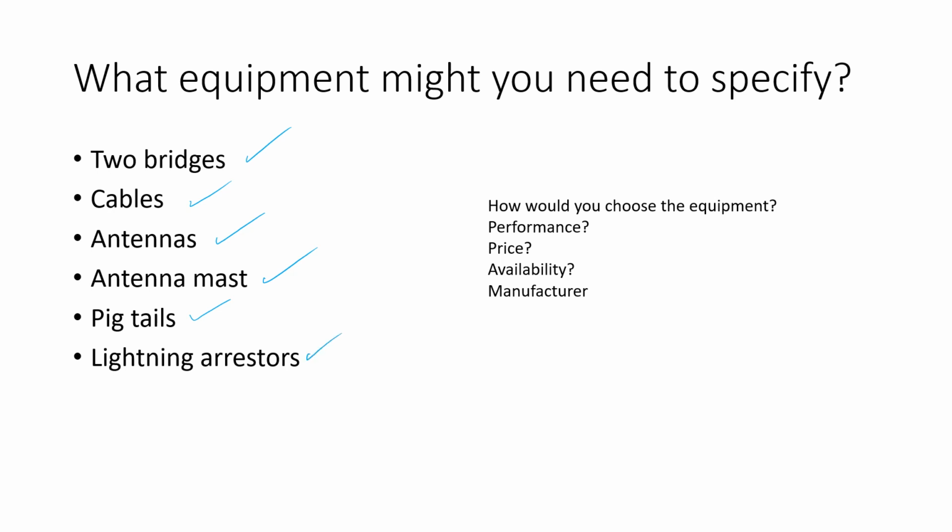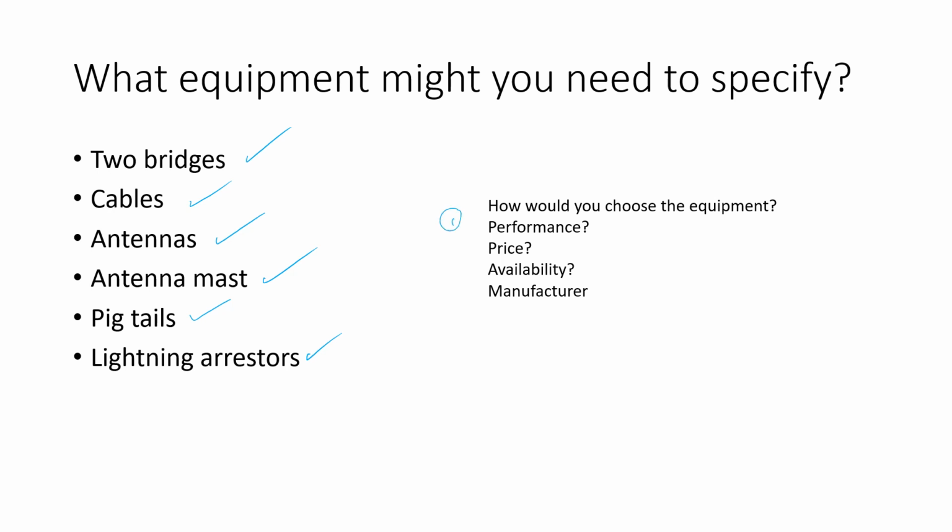So some good questions that you need to ask yourself at this point is, how would you choose that equipment? And I don't mean you'd use Google. You probably would use Google to start with, but maybe the sorts of parameters that you would use to home in on particular equipment would be, maybe one, performance.